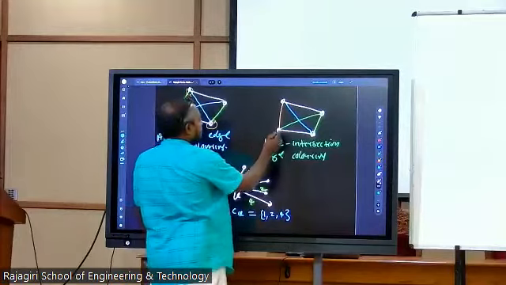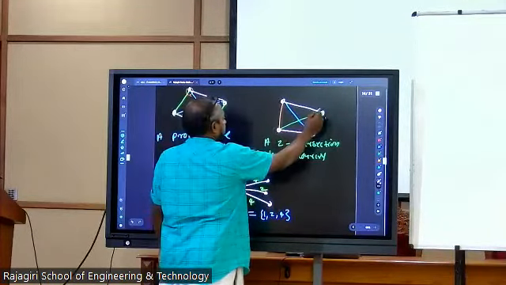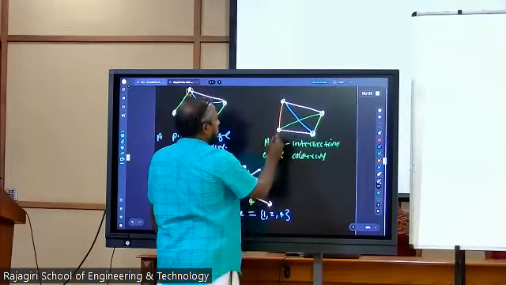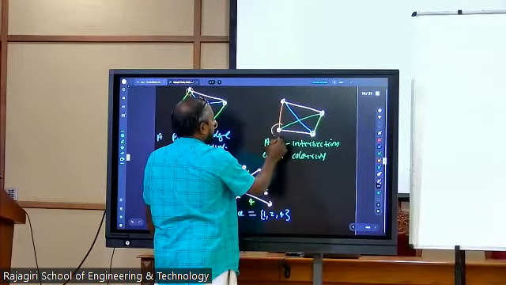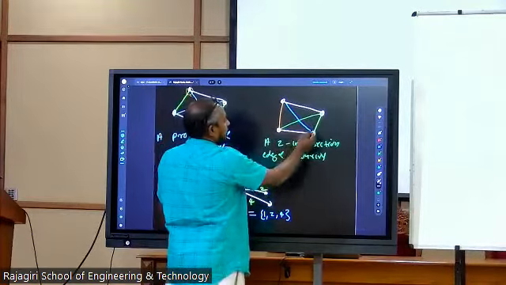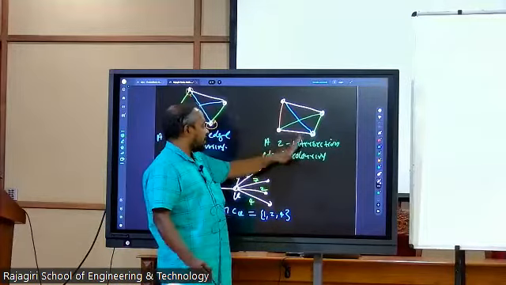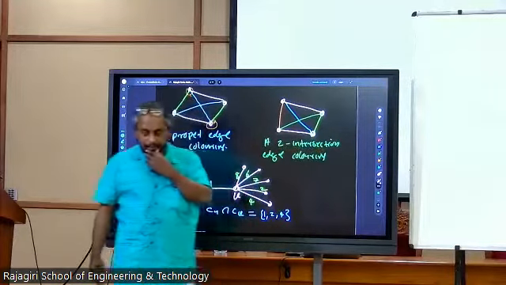On the other hand, if you are looking at this one, any pair of adjacent vertices we take, you will see that the number of common colors is at most two. This is something you can verify. So therefore, this is called a two intersection coloring.